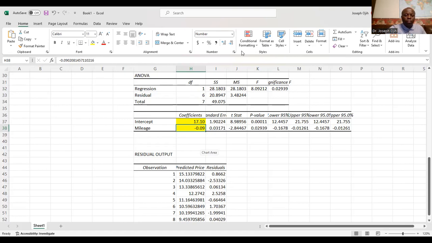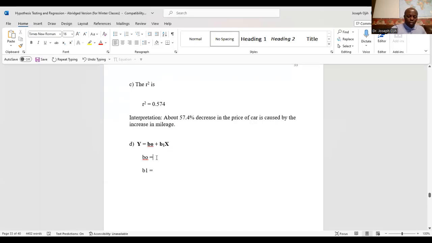So we can now use it to write our regression equation. Our B0 is 17.1, and B1 is negative 0.09. So our Y becomes B0 plus B1x. B0 is the intercept, B1 is the slope.